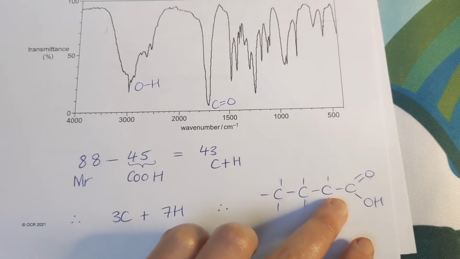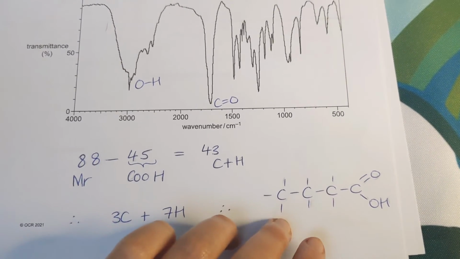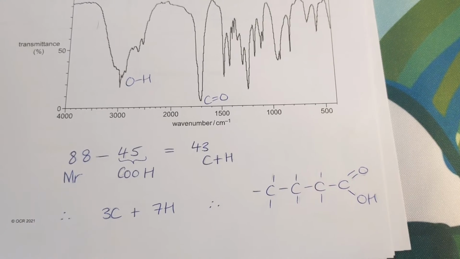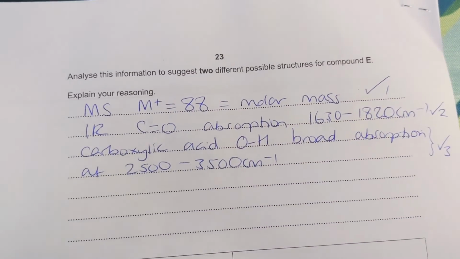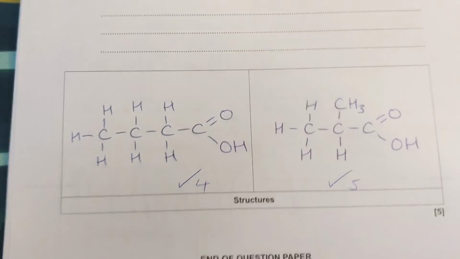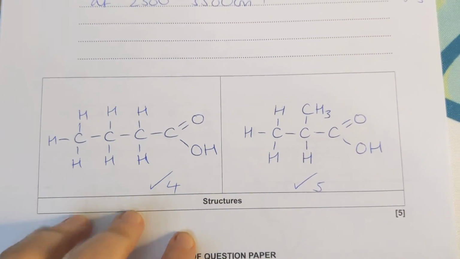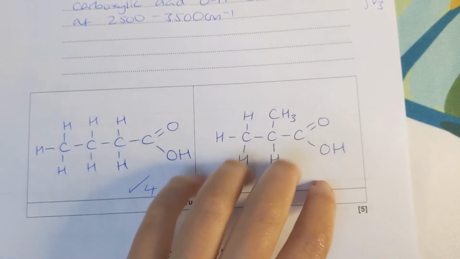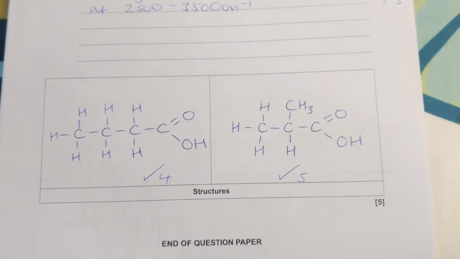So 3 carbons and 7 hydrogens. So it's likely to be butanoic acid. The question's asking us for 2 possible structures for this compound. Butanoic acid and a branched isomer of this, 2-methyl propanoic acid.